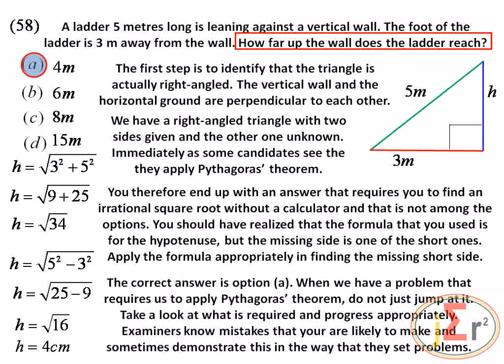Examiners know mistakes that you are likely to make and sometimes demonstrate this in the way that they set problems. Also, you should be mindful that if what you did was to add the 3 squared to the 5 squared, the result that you would have found would have been greater than 5.